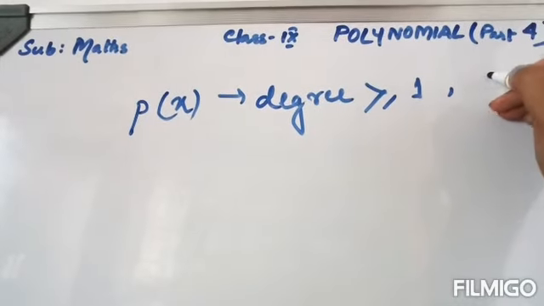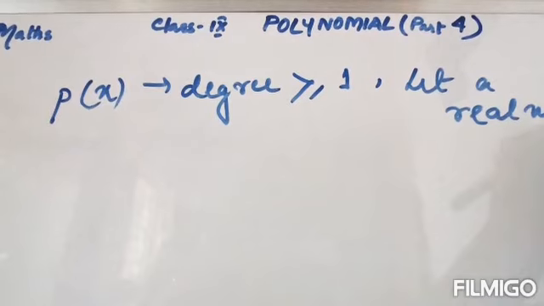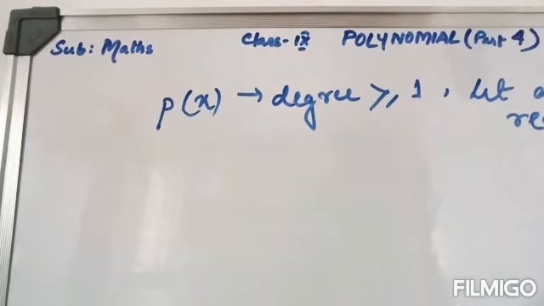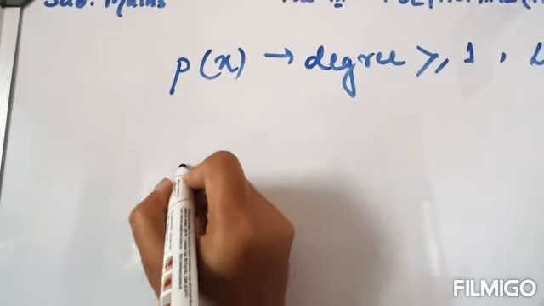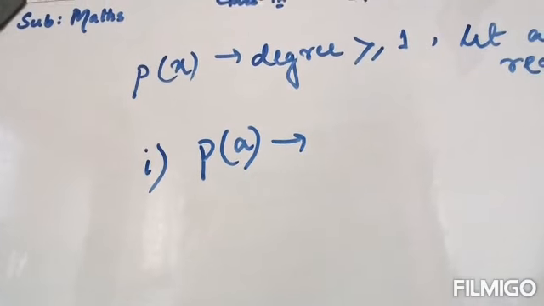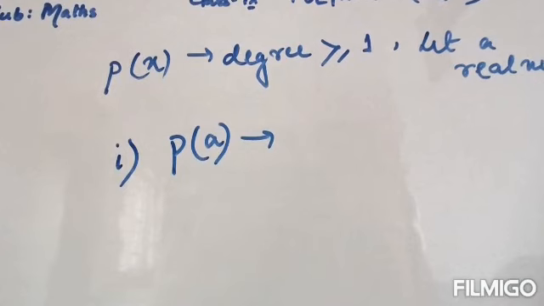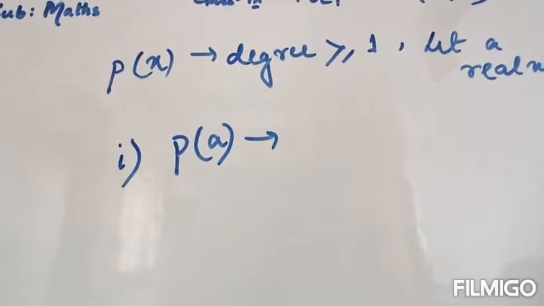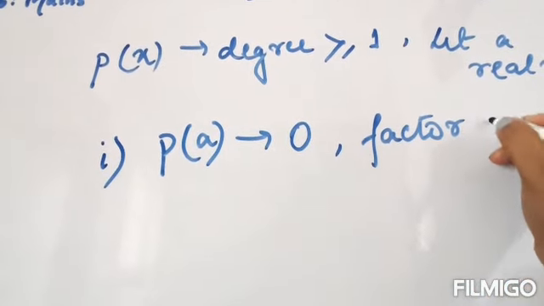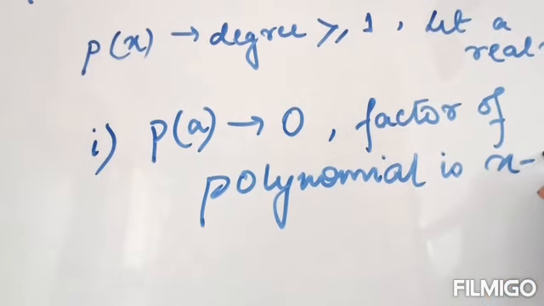Now let a be any real number. If I substitute a in place of x, and I get the value of the polynomial as 0, then I can say that a factor of the polynomial is x minus a.